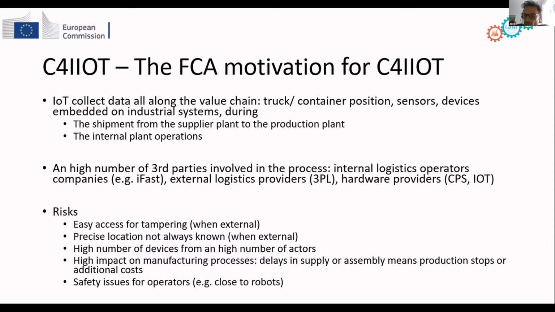Meaning losing production, decreasing the saturation of the systems, limiting the labor of the staff, and related to the persons also there could be an impact on the safety. Think of the robots interacting with people.